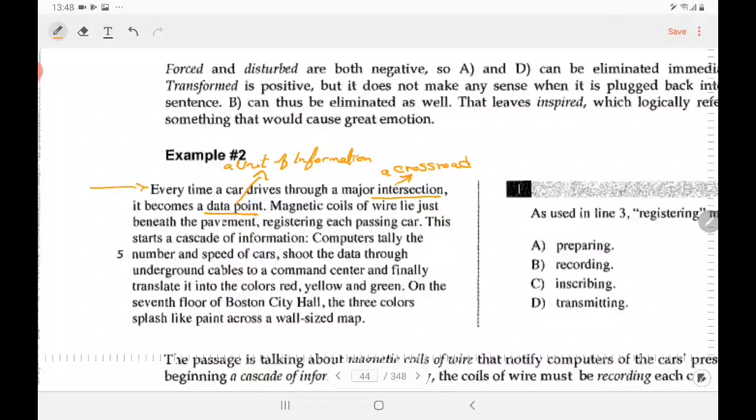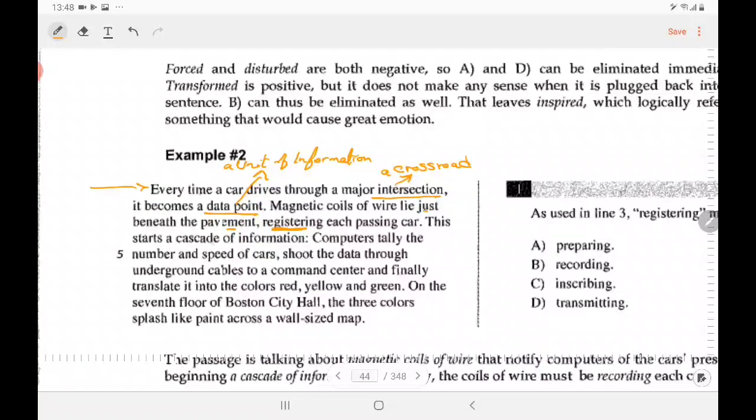Magnetic coils of wire lie just directly beneath the pavement, the sidewalk. What do? They register each passing car, registering like reporting or collecting information about each passing car.